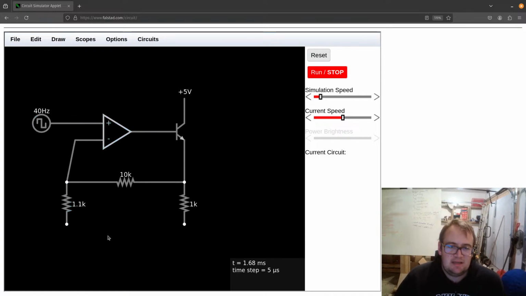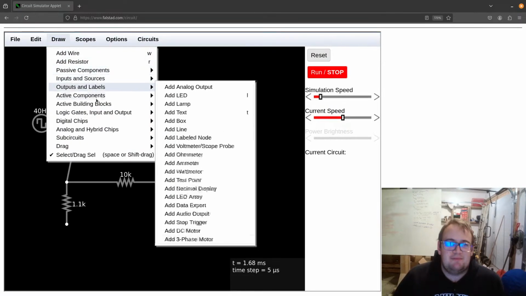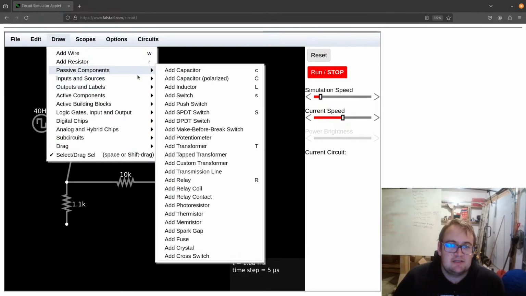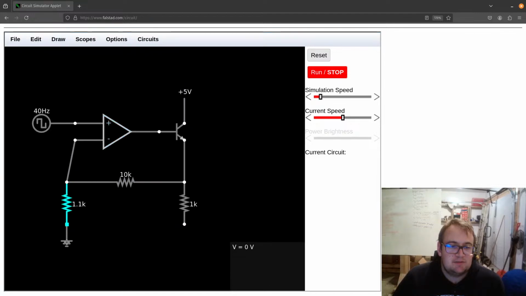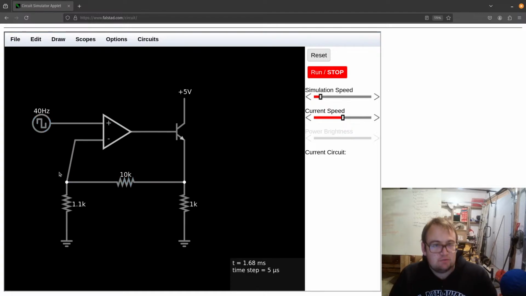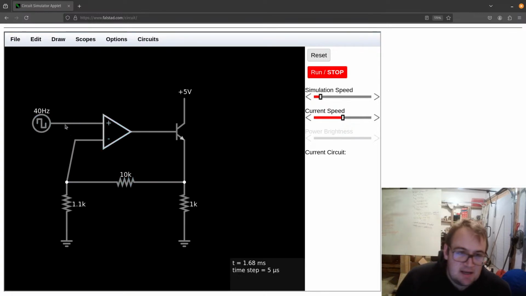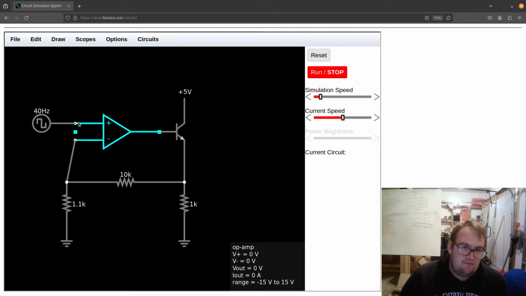That means that, oh, I forgot to put in my grounds. Oh, that's not what that means, but I did forget to put in my grounds. So let's put those in very quickly. And then we'll go back to this here. So, say this is at 5 volts, that means this wants to be at 5 volts.